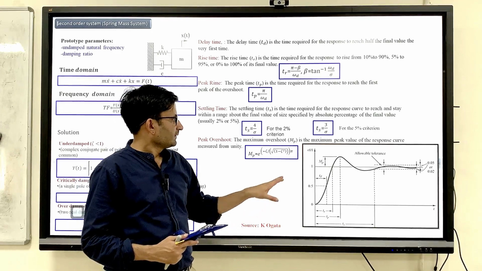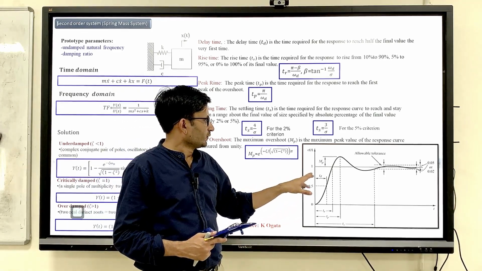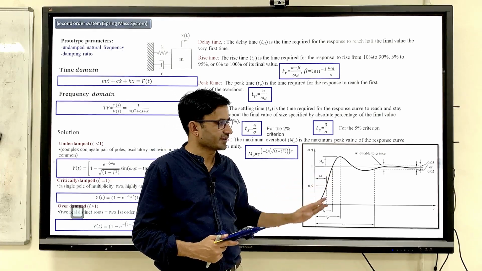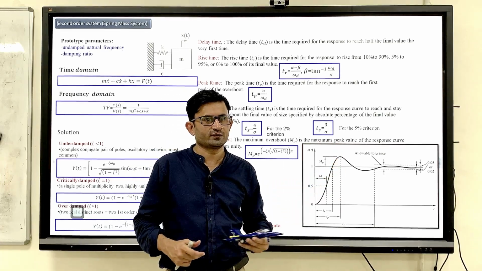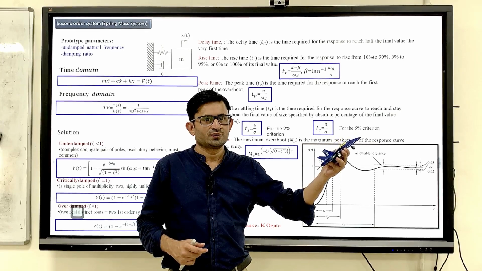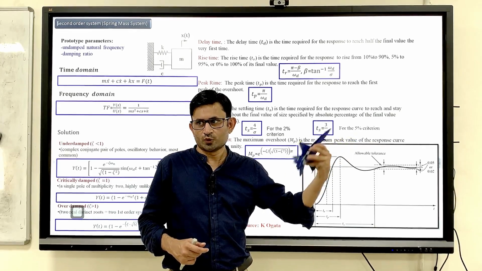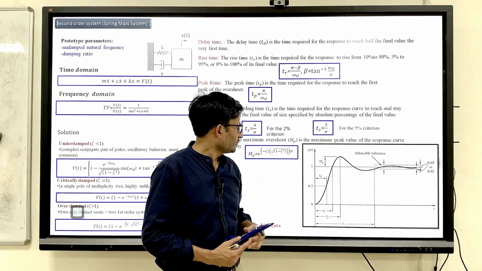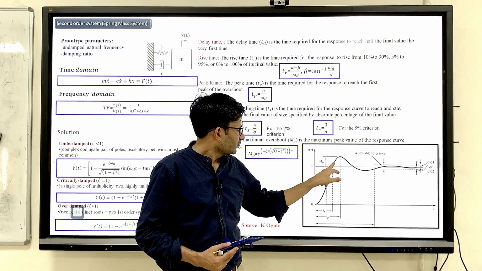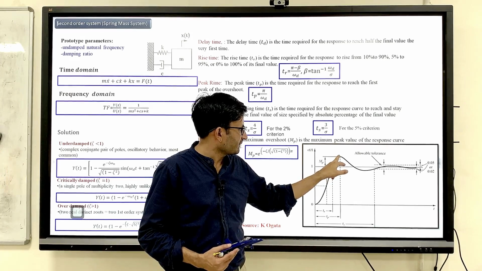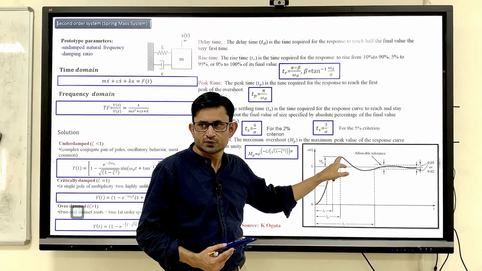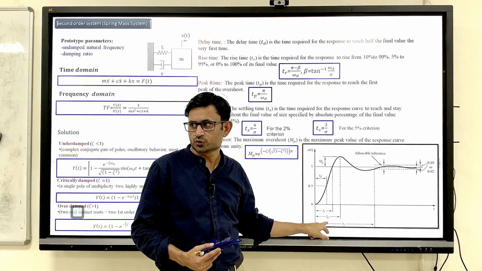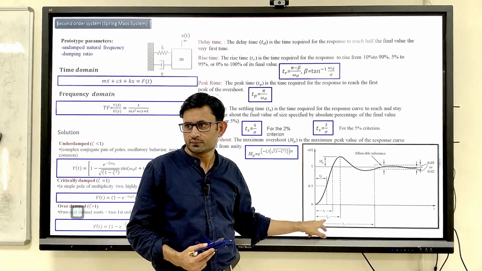But since you have some speed, because of inertia, we will try to overshoot, right? So here it is the maximum overshoot, and that time is the peak overshoot time.